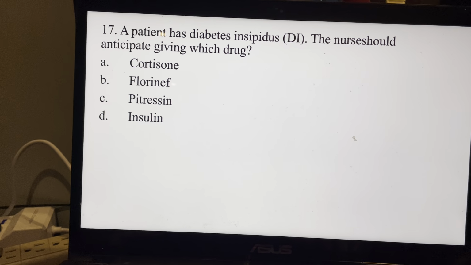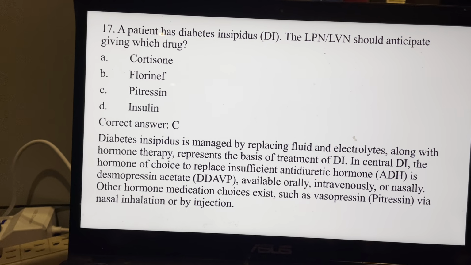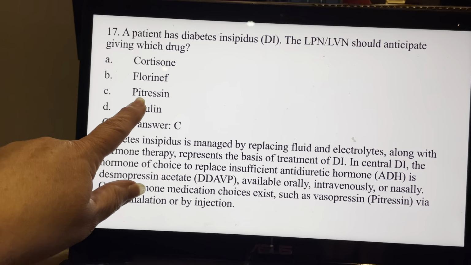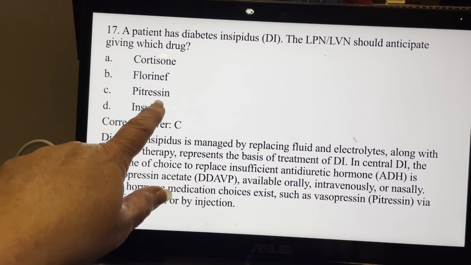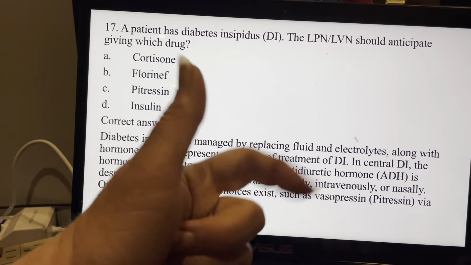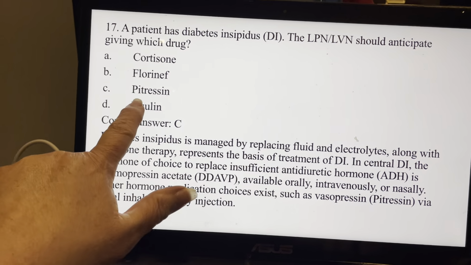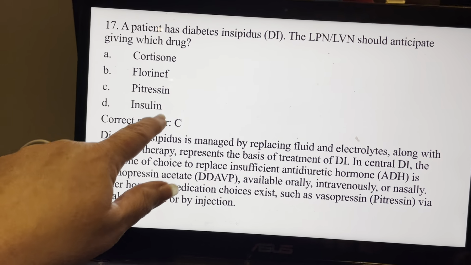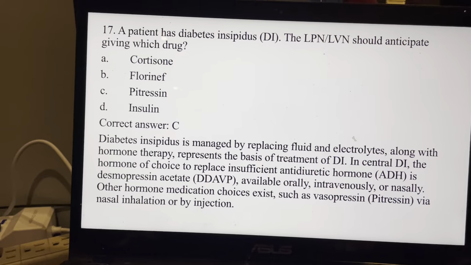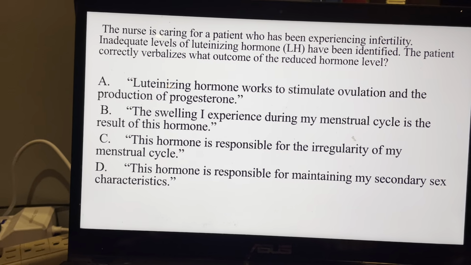The nurse should anticipate giving which... We already did that one. We got to give them... Look, see that one? There's another one. Vasopressin. We done seen desmopressin, vasopressin. Here's vasopressin. You're looking for the tressin. Pause it and read all that.